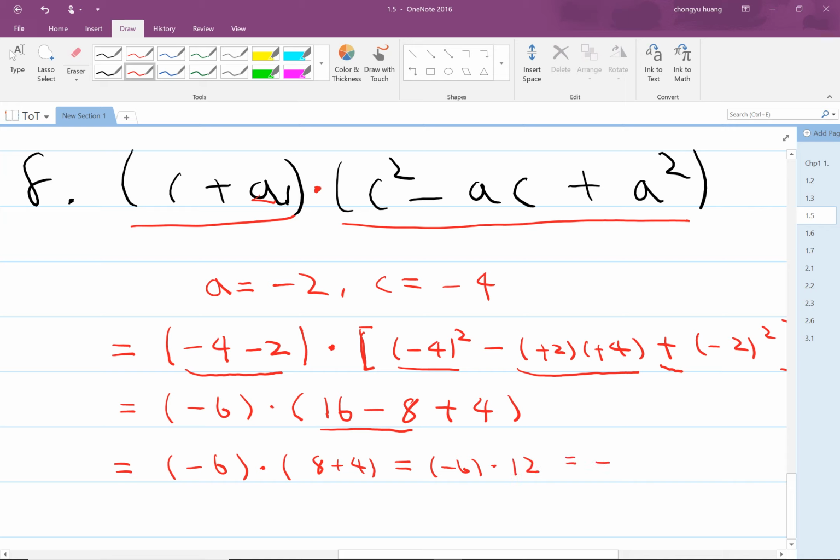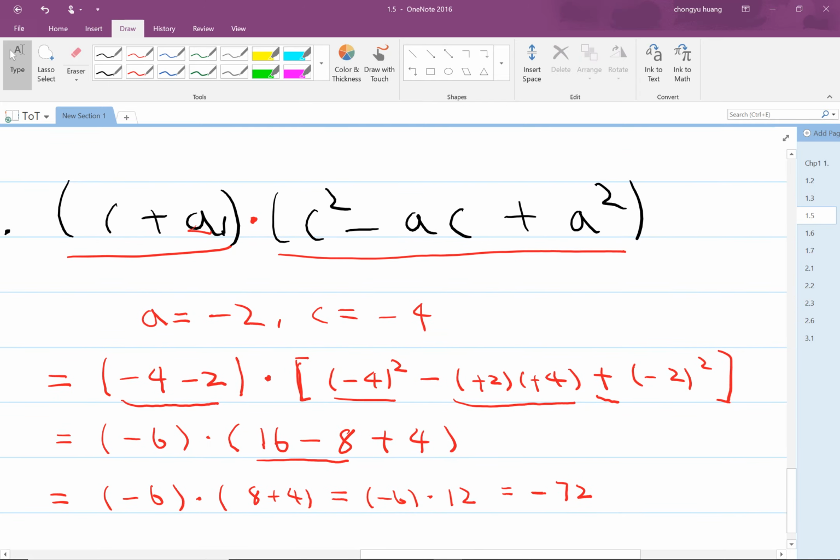And then we are on our final step, right? So negative 6 multiplied by 12 is going to be negative, right? So that's why we write the negative sign first. And then 12 multiplied by 6 is actually 72, right? So the solution for this is actually equal to negative 72, right?